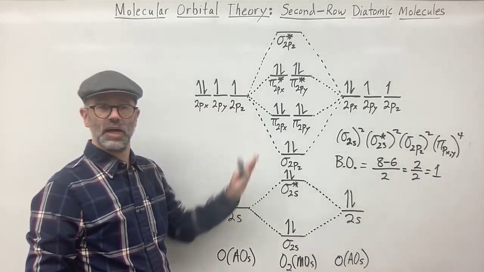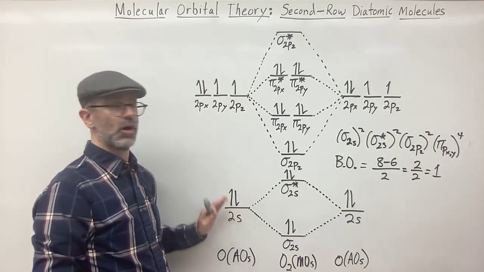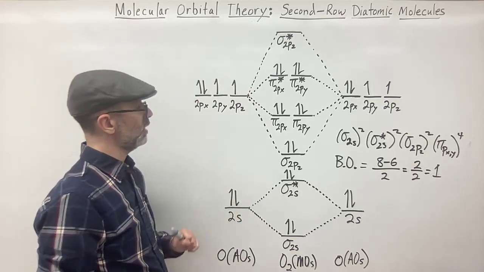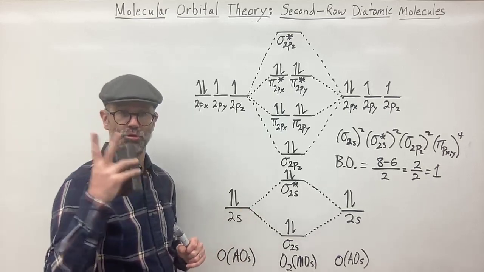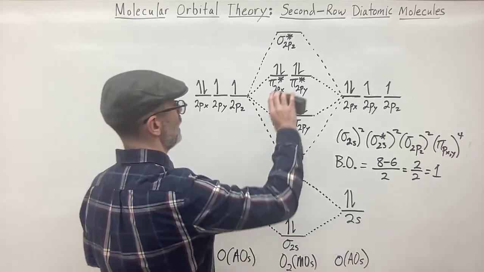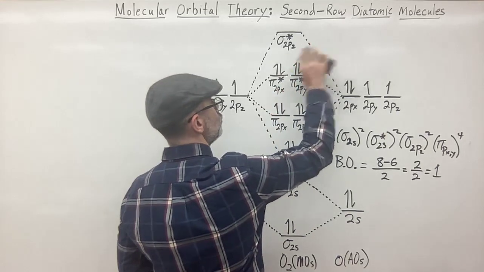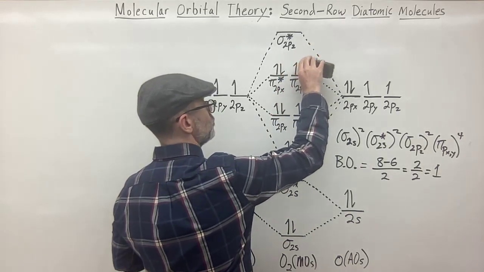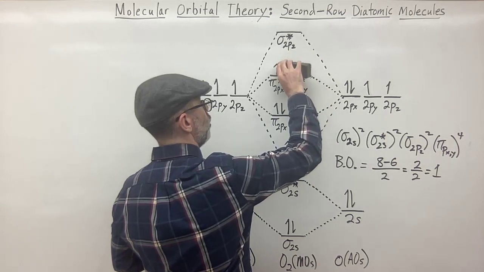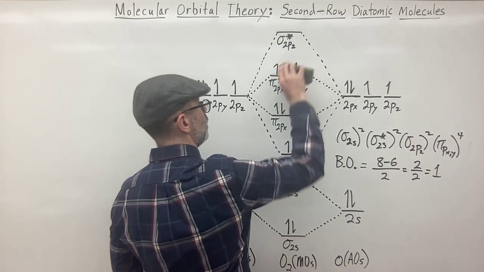This is the energy level diagram for an oxygen atom. And so when we fill this in, we have 2 less electrons. So that means that these 2 highest are not going to be paired up, right? Because we lost 2 electrons. Those are going to be unpaired.